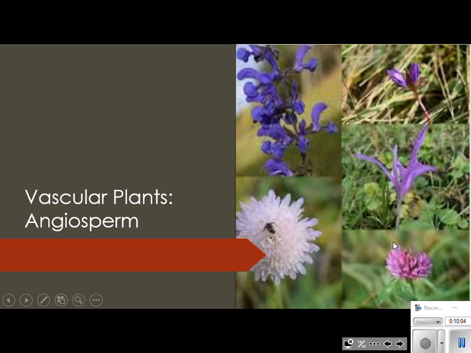Angiosperm. And what was the other type? Gymnosperm. Now these angiosperms, we see these all over the place. We see gymnosperms all over the place too. But these angiosperm, okay?